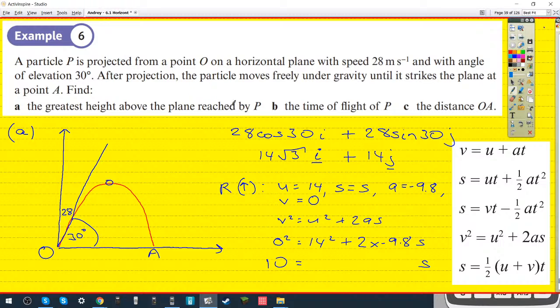And do 0 equals 14 plus minus 9.8 T. You could. Go on. Okay.